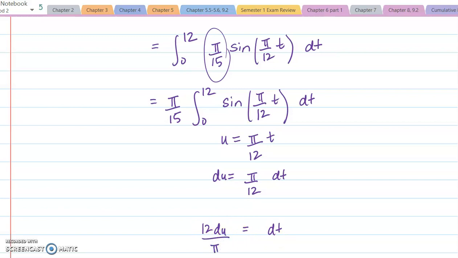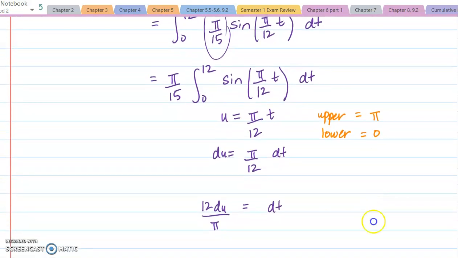The next thing we have to consider are the bounds. So we have our upper bound that we need and our lower bound that we need. 12 gets replaced over here. So 12 over 12 times pi will just be pi. The lower bound will be 0.